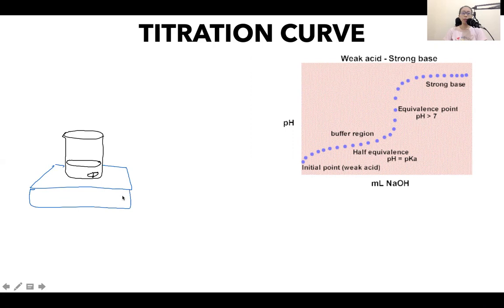The magnetic plate is usually combined with the heating function. So usually these plates have a heating function and a magnetic stirring function.